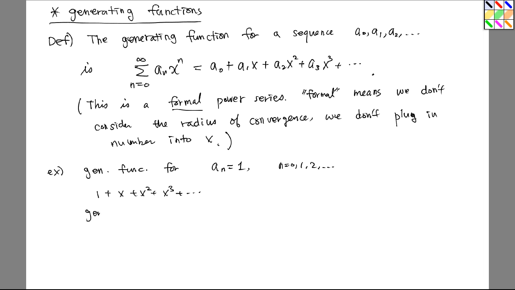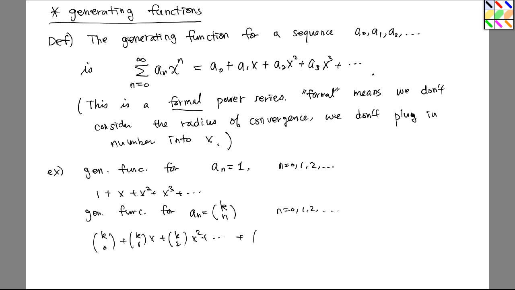The generating function for k choose n, so an equals k choose n, with n being 0, 1, 2, 3, is k choose 0, plus k choose 1 times x, plus k choose 2 times x squared, up to k choose k times x to the k, and then k choose k plus 1 times x to the k plus 1, plus and so on.